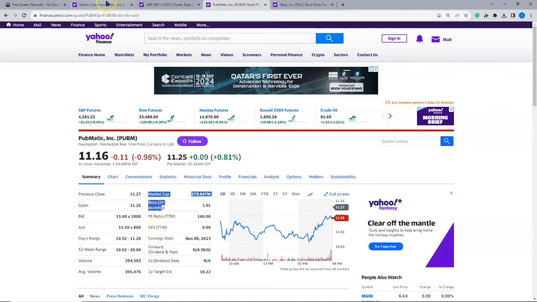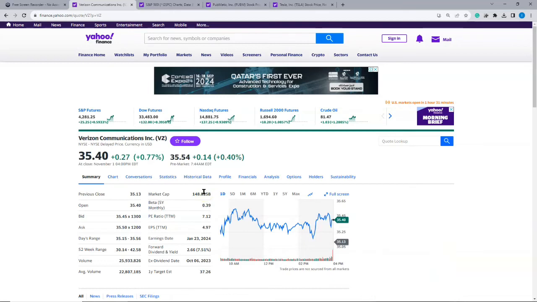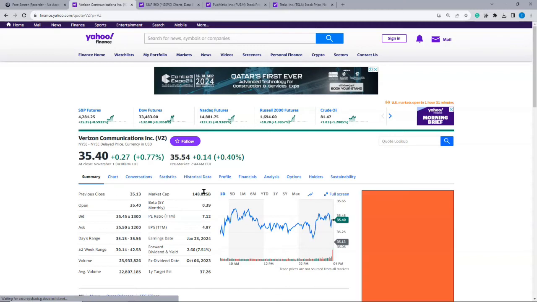I chose another company, which is Verizon. This is a relatively stable company with a very low beta of 0.39. So we expect on average this company to move less than 50% of the change in the market.